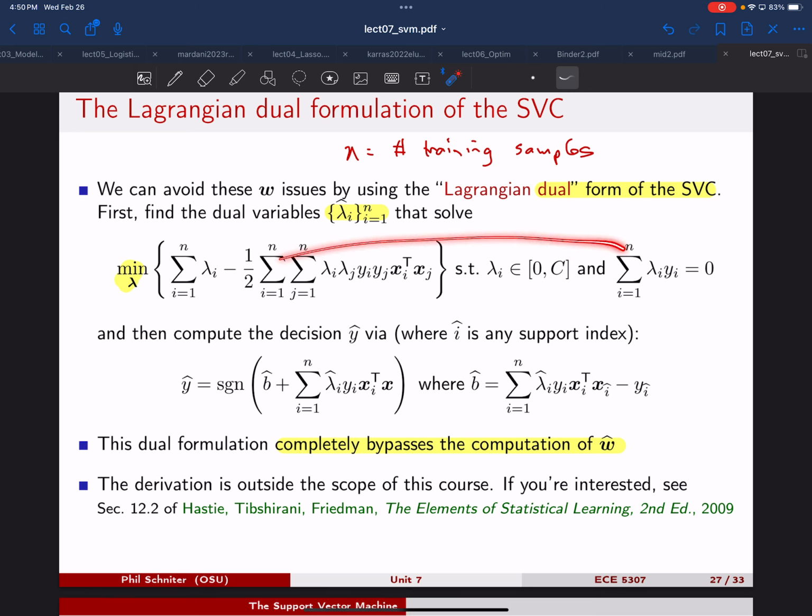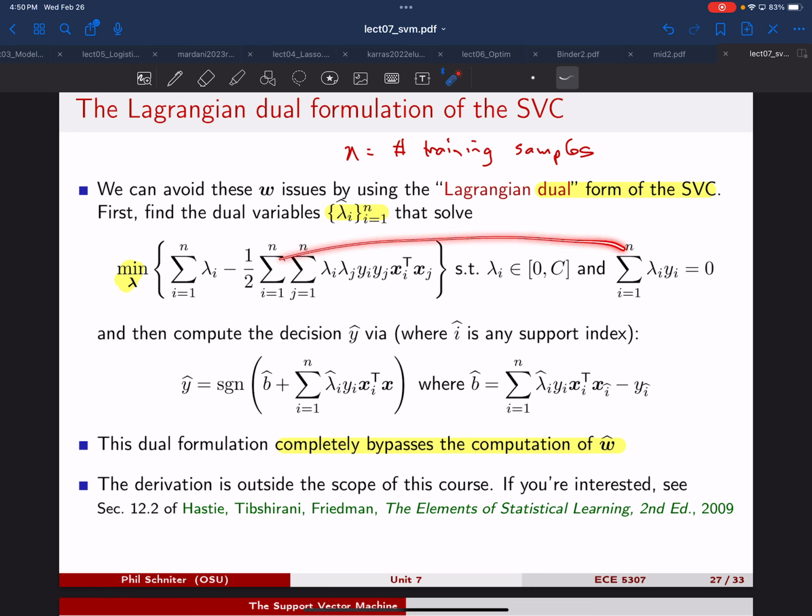On the other hand, we did see a lab, maybe it was lab 4, where the data set was people wearing, measuring their brain signals, and the number of subjects was the number of training samples. It was on the order of hundreds, but the number of voxels in the brain was 30,000.